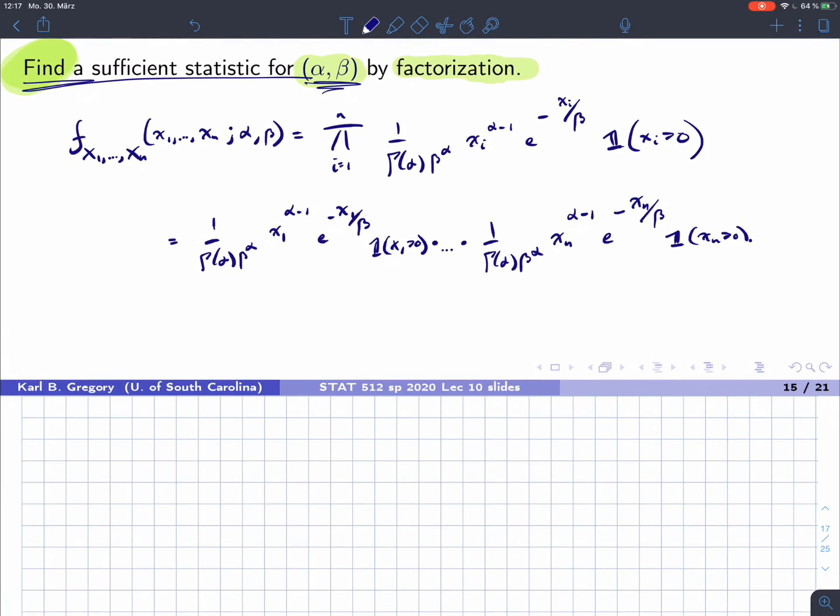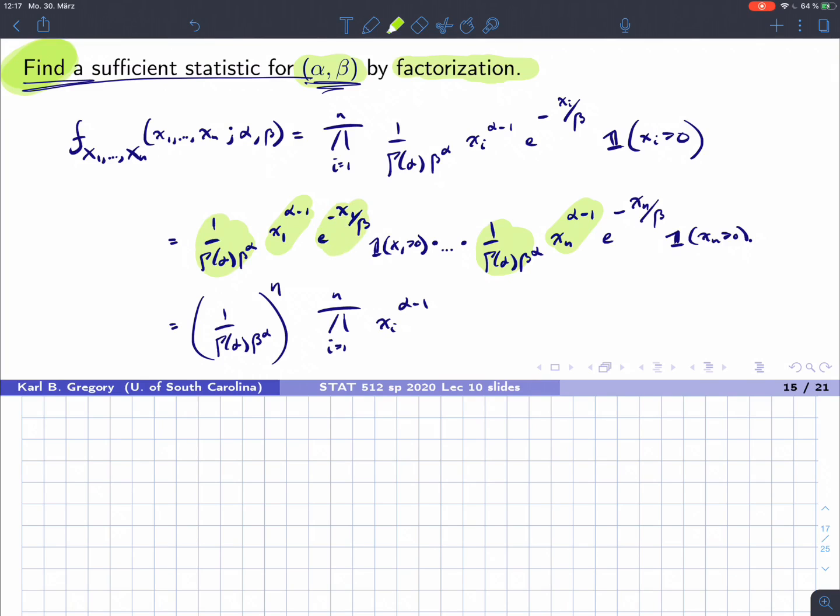When I take this product, this thing is going to show up n times. So I'm going to get 1 over gamma of alpha times beta to the alpha, raised to the power n. I'm going to get the product of xi raised to the alpha minus 1. So that's this one. All of those are going to look like this product.